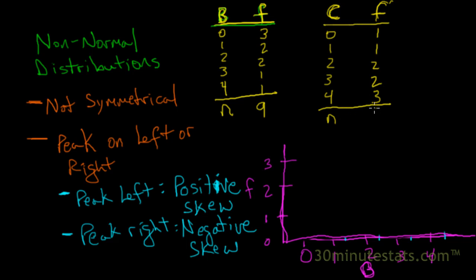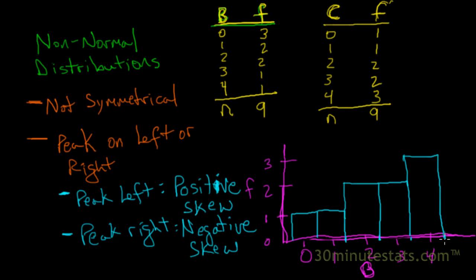Now you can probably already see where I'm going with this. We still have the same sample size of 9, and we'll fill in our table now with 1 observation at 0, 1 observation at 1, 2 observations at 2, 2 observations at 3, and 3 observations at 4.